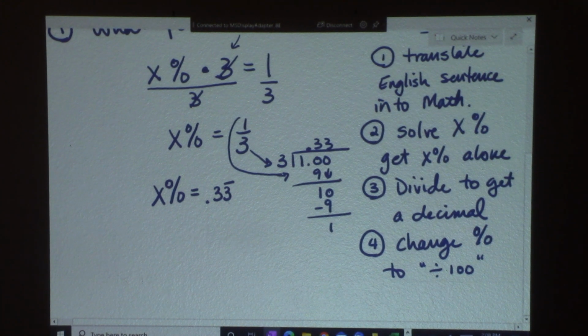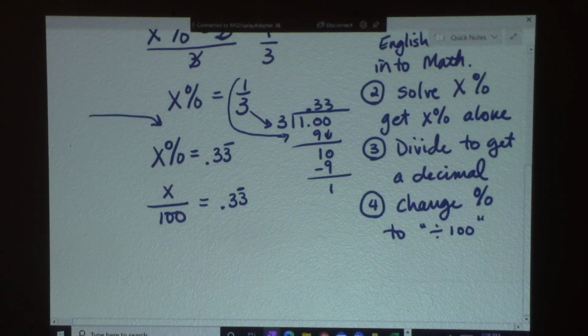So I have this percent here, and what percent means is a number out of 100. So I'm taking away my symbol, and I'm going to divide by 100, because that's what a percent is actually doing. So now I have this equation.